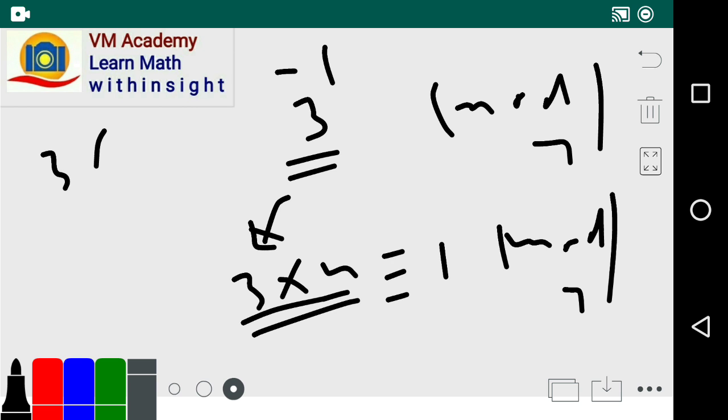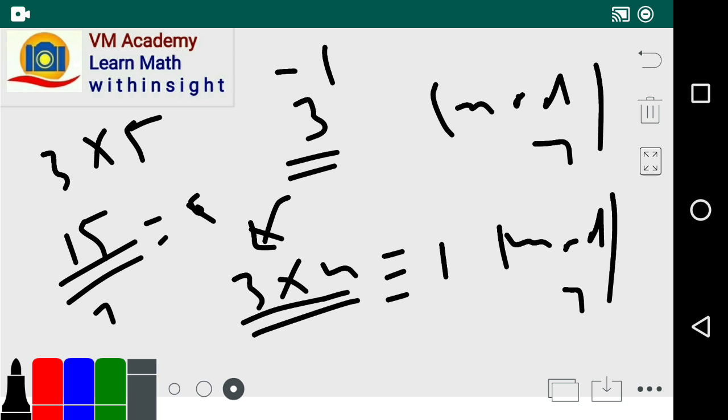If we do 3 into 5 we get 15, and when we divide 15 by 7 we get remainder 1, friends, because 15 by 7 gives quotient 2 and remainder 1. So n must be 5, friends. So 3 and 5 are inverses of each other with respect to modulo 7.